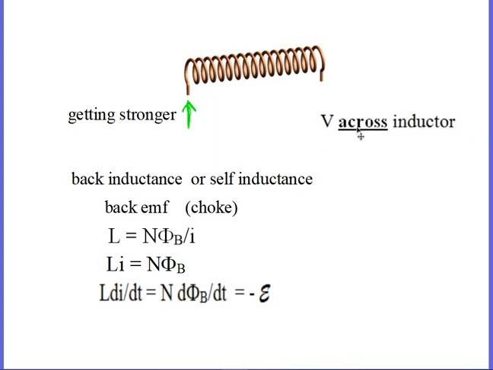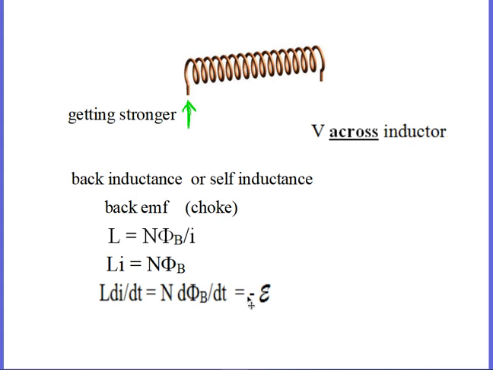But what we will instead talk about, this EMF here, we will talk about the EMF across the inductor, not the EMF within the inductor, not the EMF of the inductor, but across the inductor. And thus we dodge the bullet that between here and here, there may be an EMF from some battery that's sending current through there, but there will also be an EMF from the inductor between those two ends.